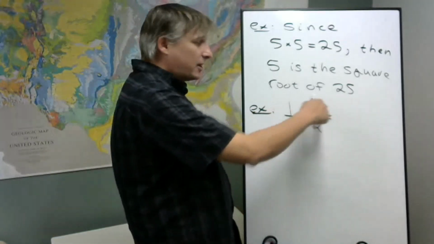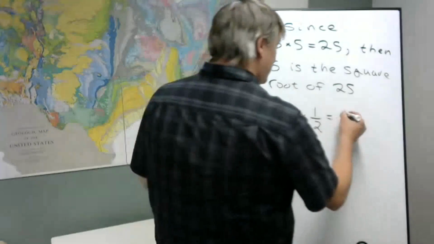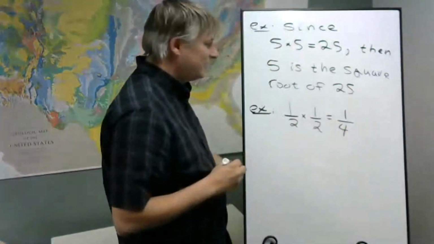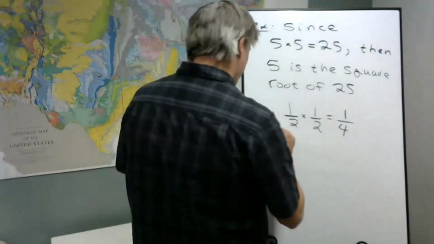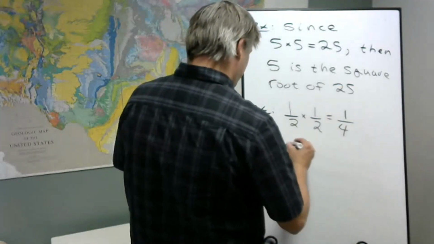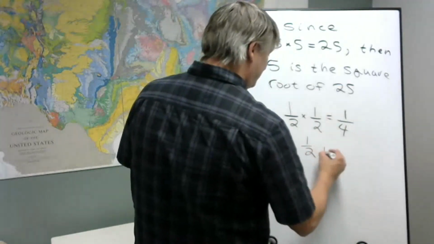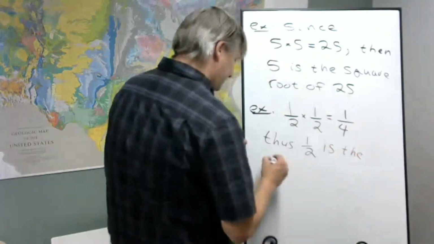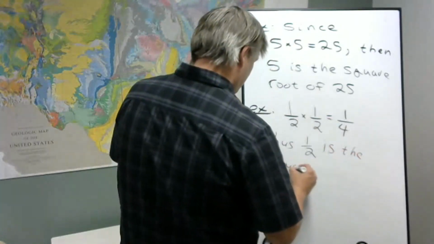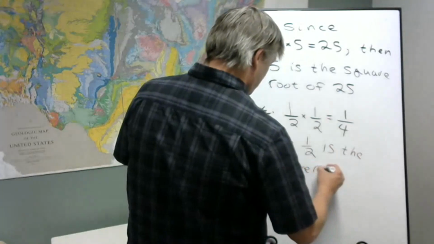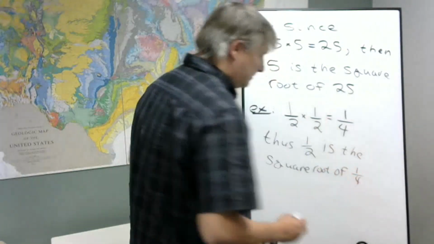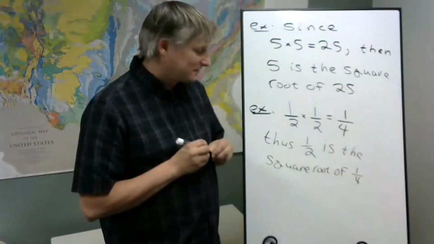Well, we multiply across as we do with fractions, and we get 1/4. That means 1/2 is the square root of 1/4.